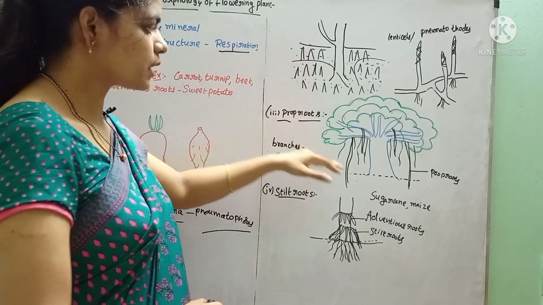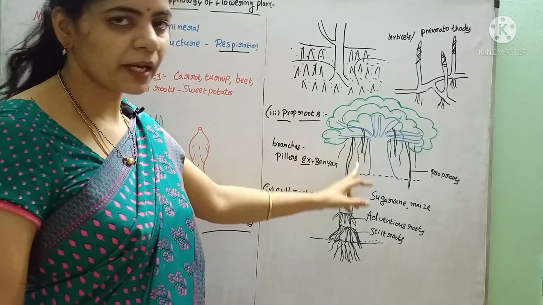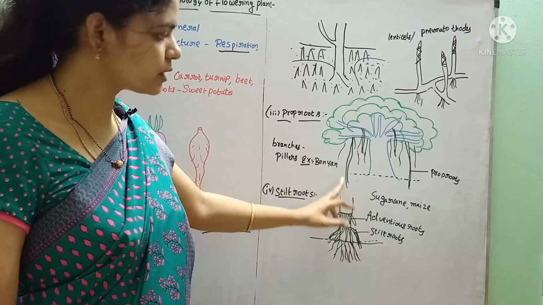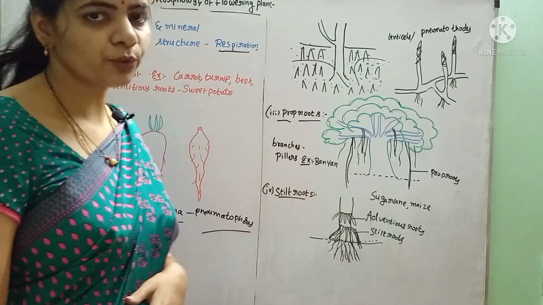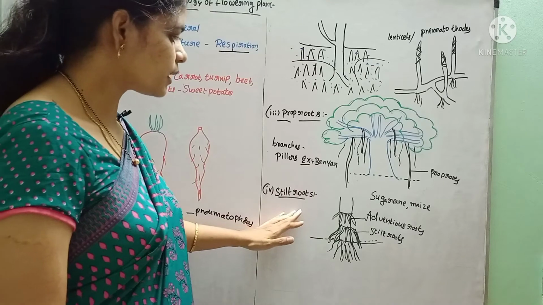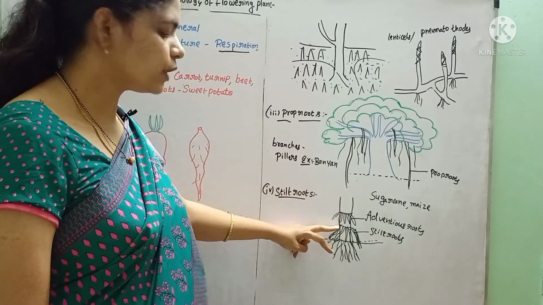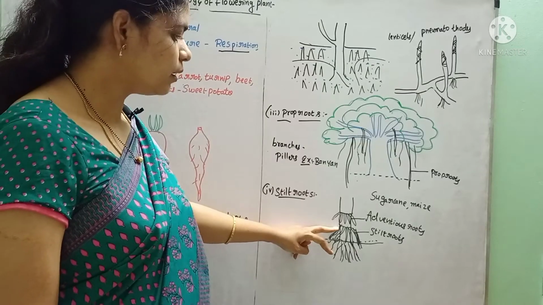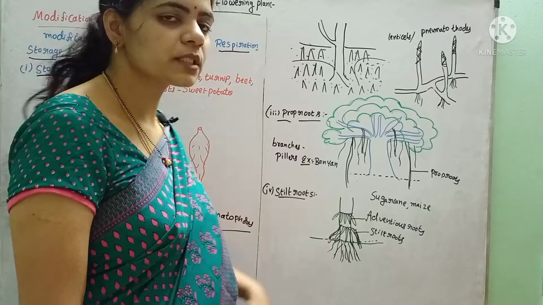Next, prop roots were seen in trees such as banyan. In banyan trees, the main branches develop adventitious roots which develop into prop roots and give support to the total plant. And stilt roots are present in sugarcane and maize, where the basal node develops adventitious roots which penetrate into the soil and develop stilt roots.